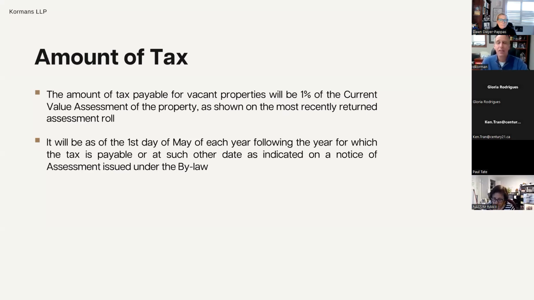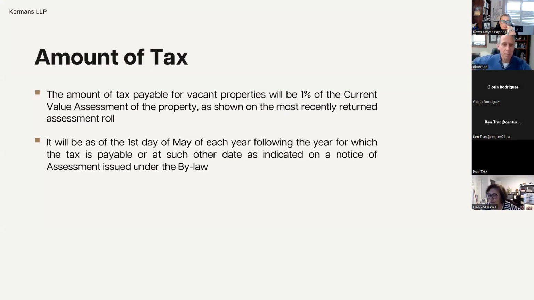It's a $10,000 tax, and this is in addition to property taxes. If you're already paying property tax, this is something extra over and above normal property taxes. If it's vacant, 1% of the value. A $500,000 condo, 1%, $5,000 that you have to pay if the condo was vacant.